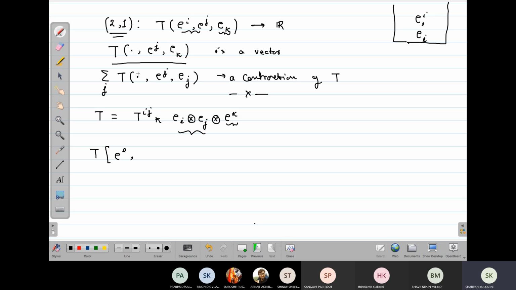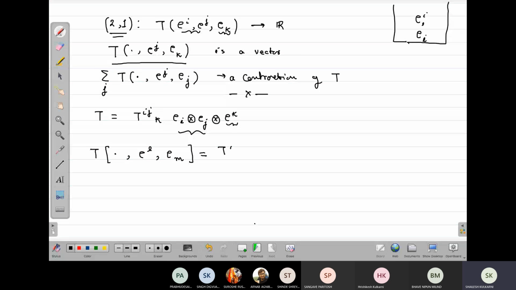Sorry, I have to keep this slot vacant, so let me keep this slot vacant. Okay, I will act on e^l and I will act on e_m here. So what object am I going to get?